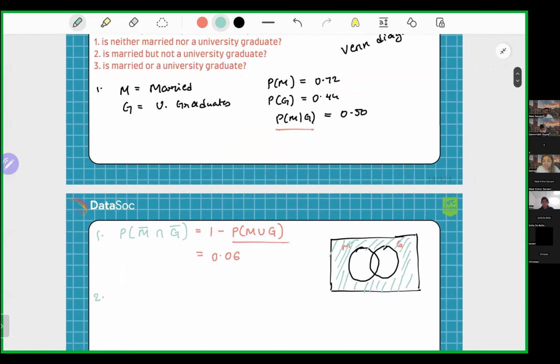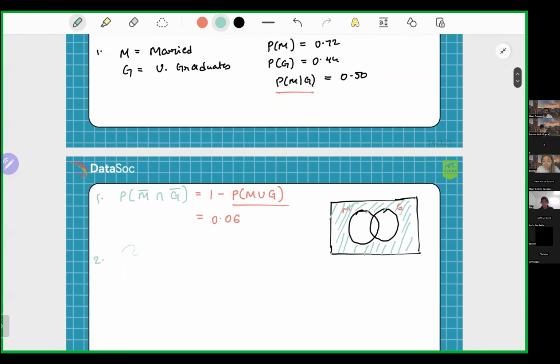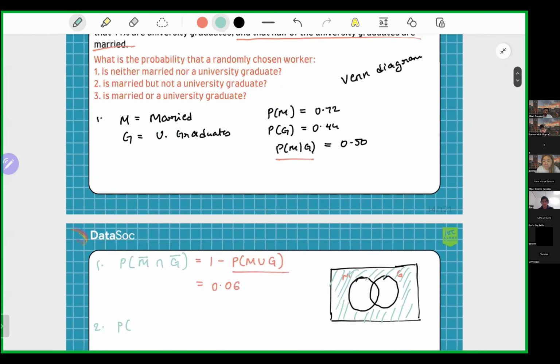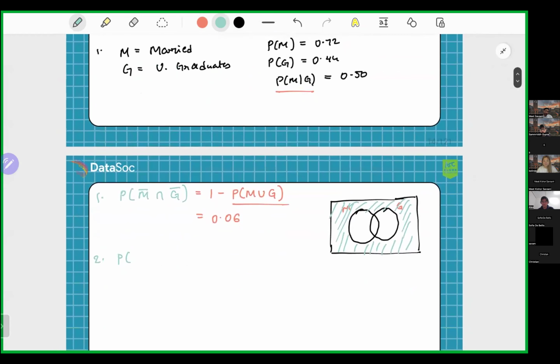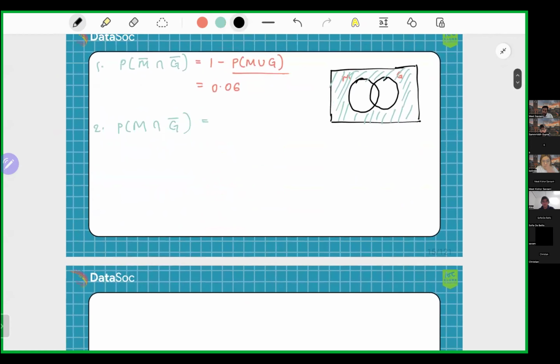The second part is married but not a university graduate. So how will the Venn diagram look for this?